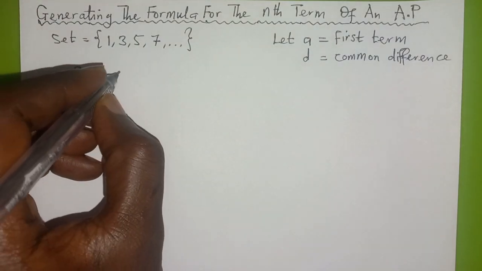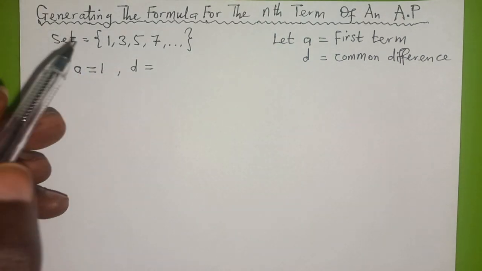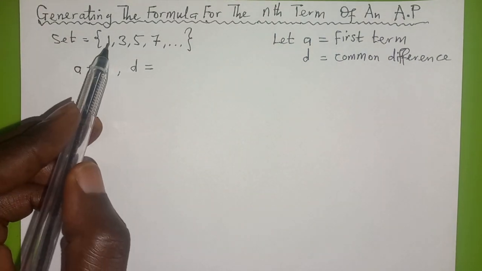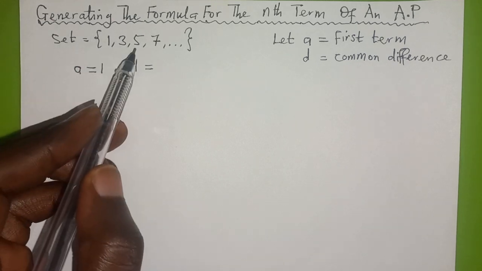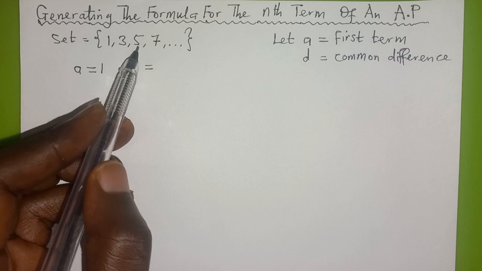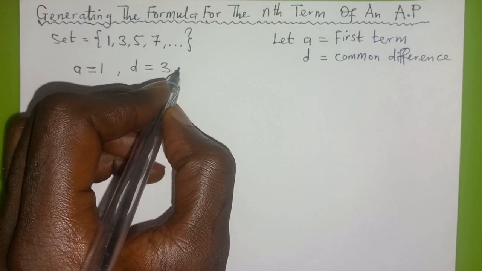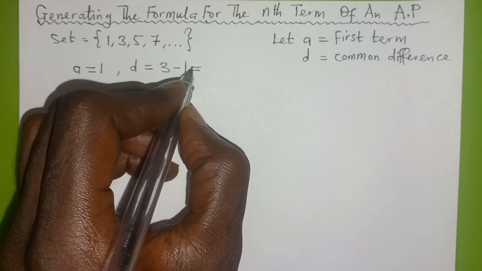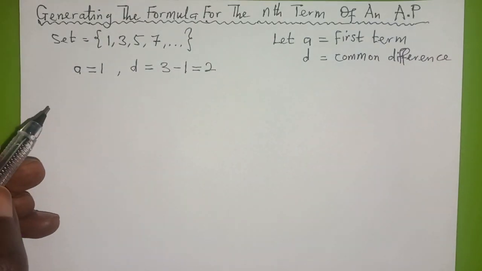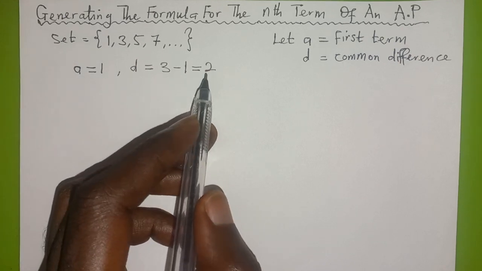So our D is simply 3 minus 1, or 5 minus 3, or 7 minus 5. If you do that, that's going to be 2.